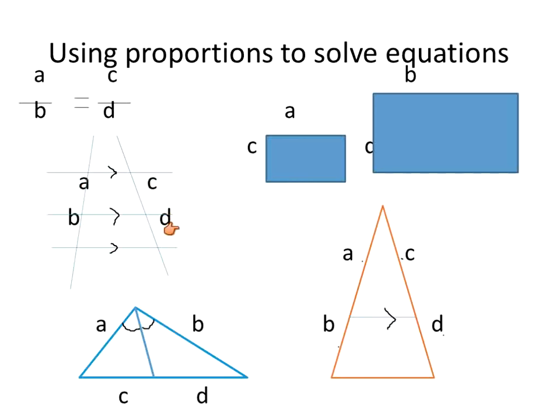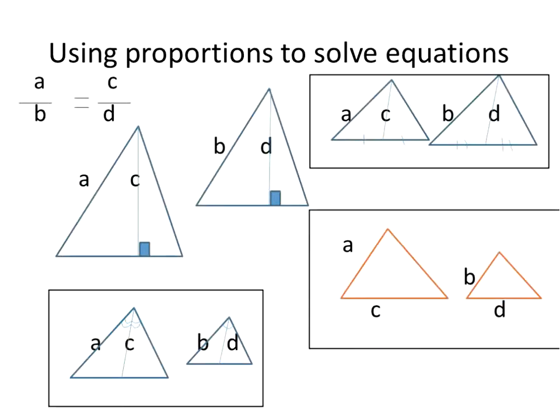Side splitting, pieces inside of the parallel lines. Remember, when you're doing these two, you could also set them up the A over A plus B part to the whole as well. When we had the angle bisector, the side splitting here, and also all the parts of similar triangles, sides, altitudes, medians, and angle bisectors.